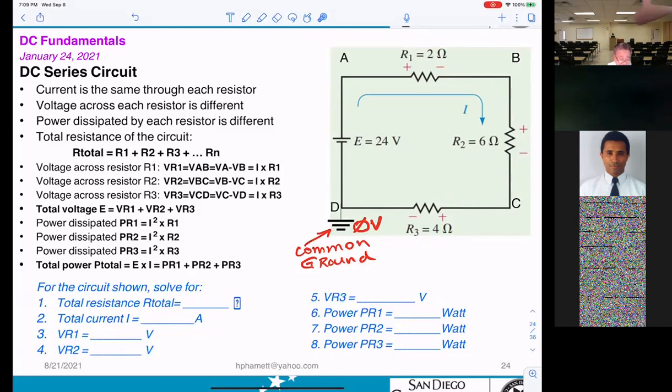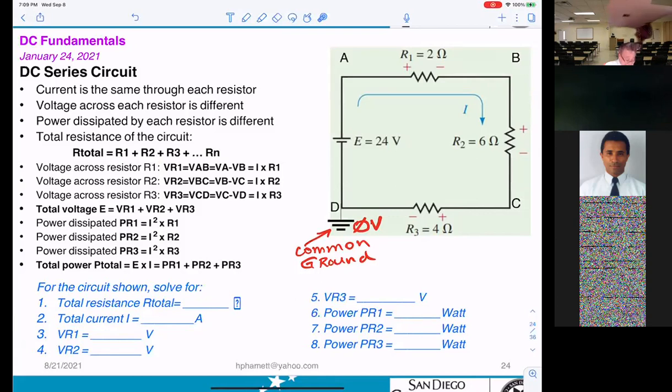So in order to get the total current for the circuitry with that 24 volt source, I want only one resistor, not 3. That's why I need to calculate the total resistance combined. Take R1 plus R2 plus R3, and plus more resistors in series, and that gives you the total resistance.